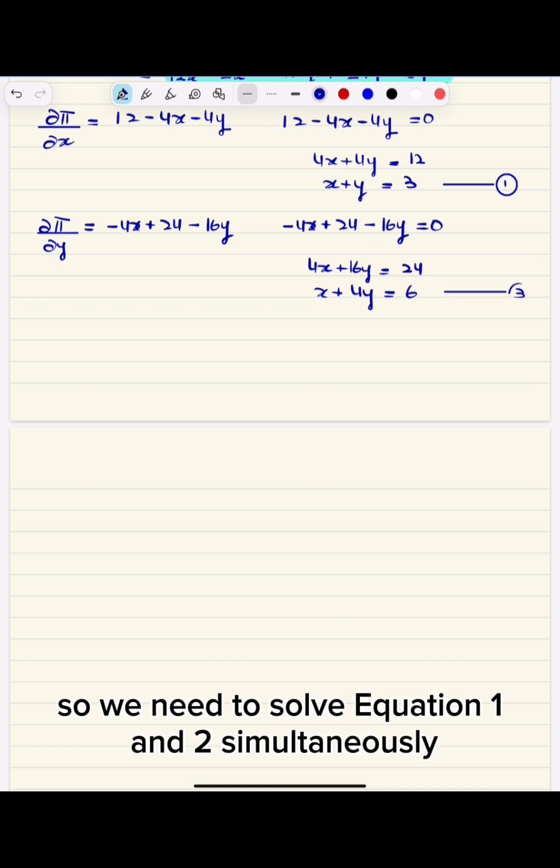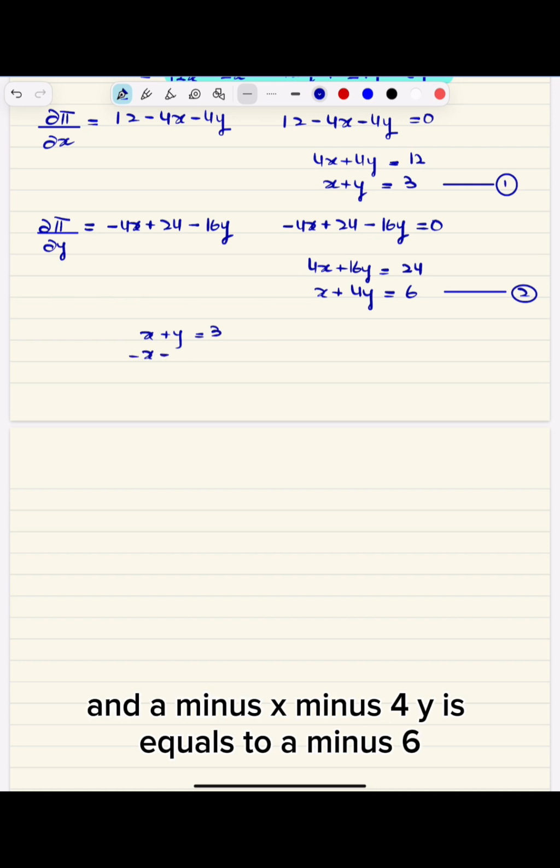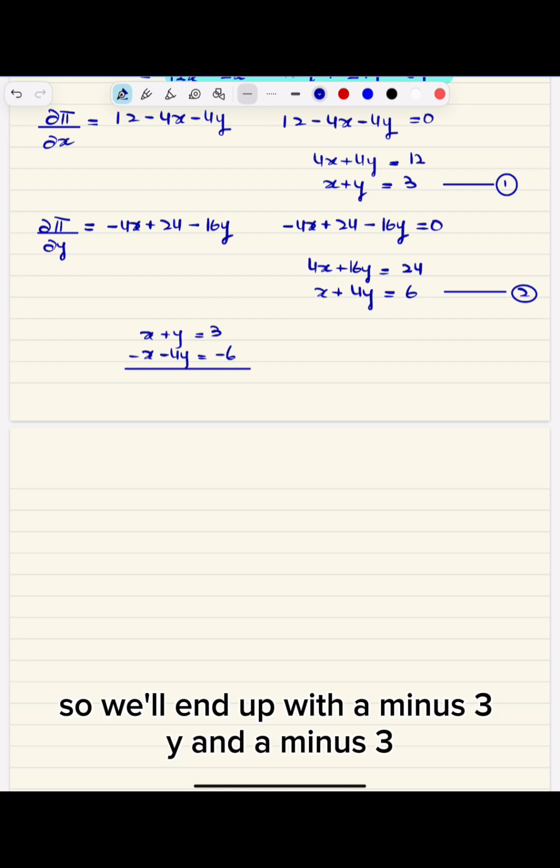So we need to solve equation 1 and 2 simultaneously. So we have x plus y is equal to 3, and minus x minus 4y is equal to minus 6. So we'll end up with minus 3y and minus 3.